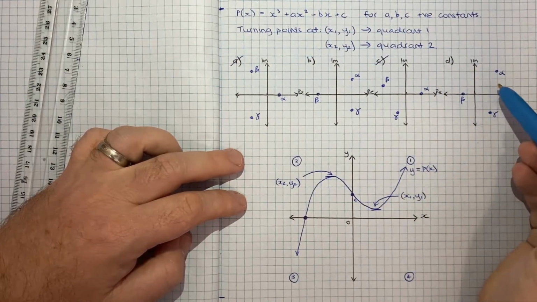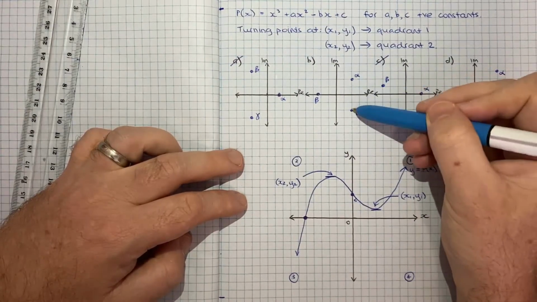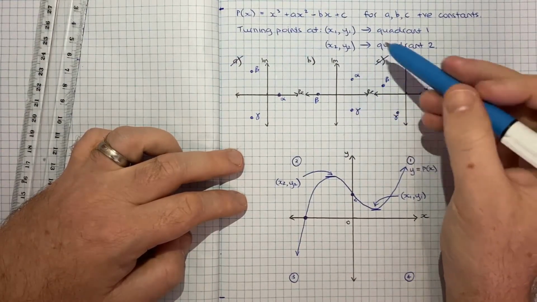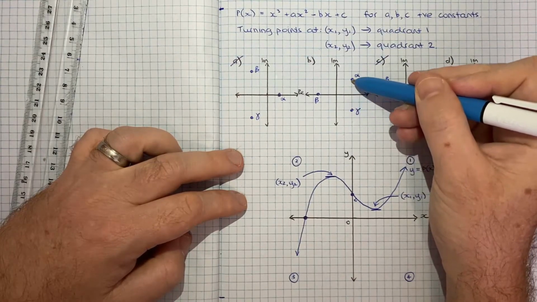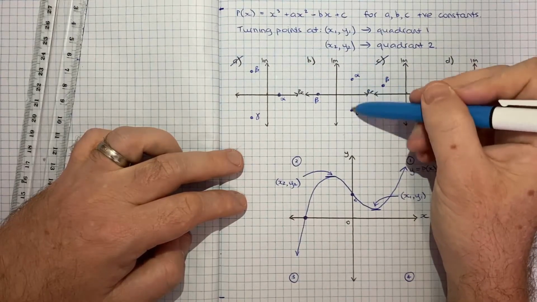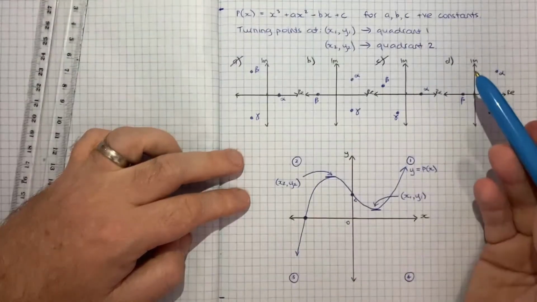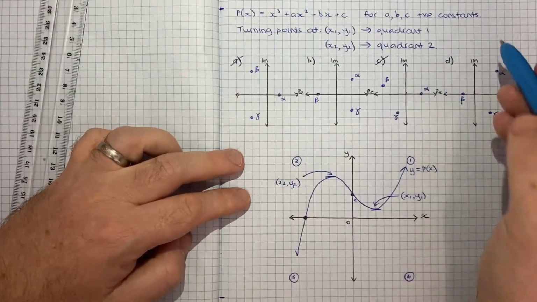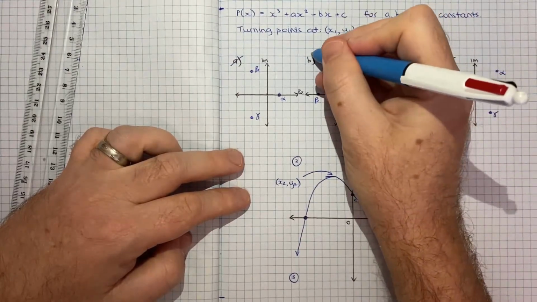In other words, they're not mirror images around the real axis, whereas in B they are. They take the same real value, and they're equal and opposite magnitudes in the imaginary value. So without even doing any further work, I can know that D cannot be correct, and therefore B must be our answer here.